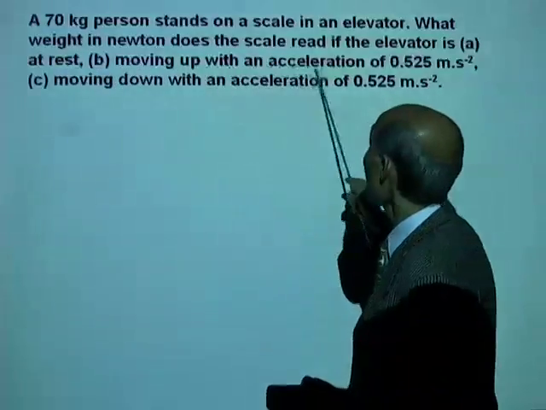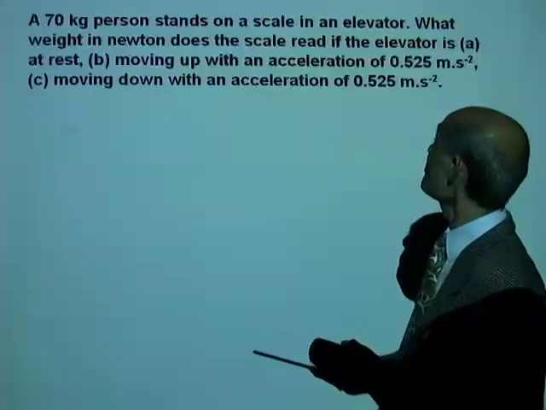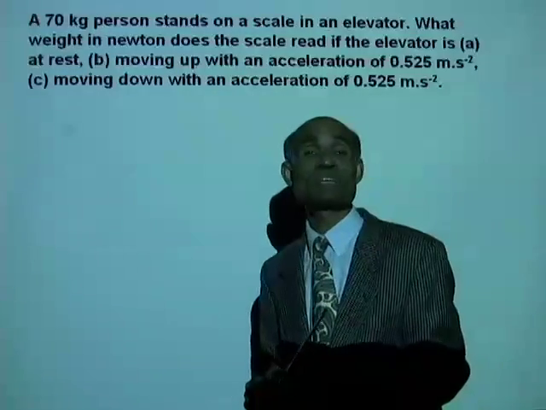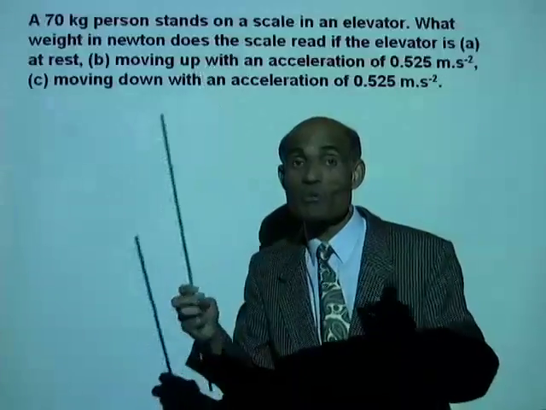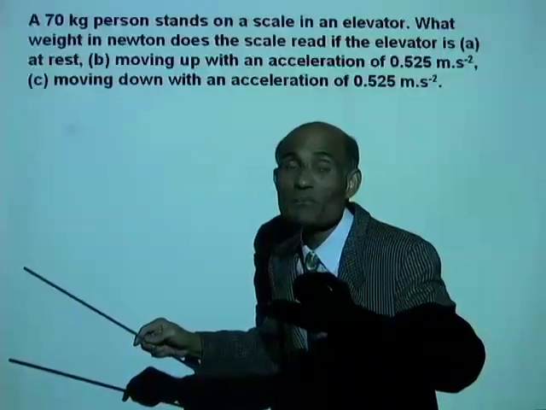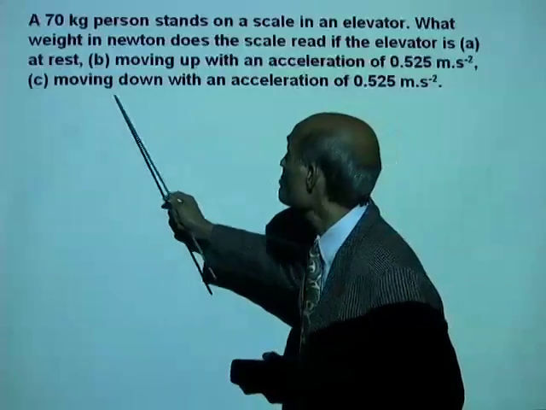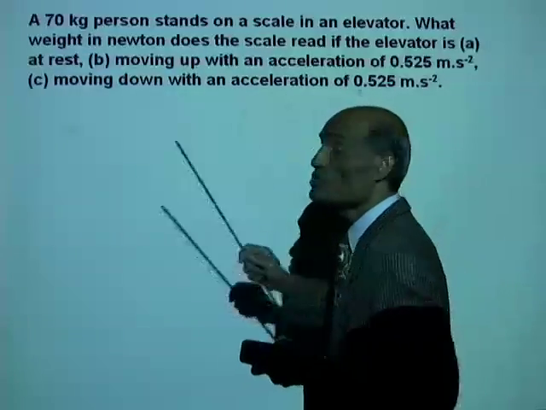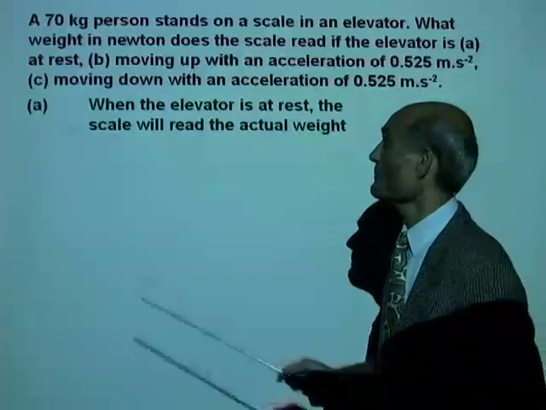Then, if it is moving up with an acceleration of 0.525 meter per second squared, what will the weighing machine read? It will be mg plus ma. If it is moving down with an acceleration, it will read mg minus ma.